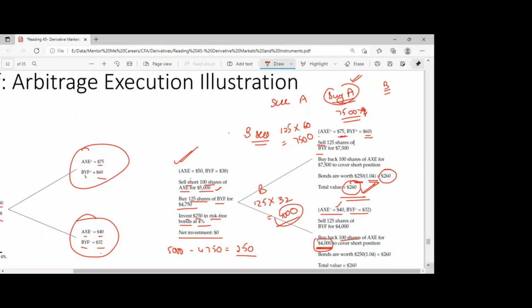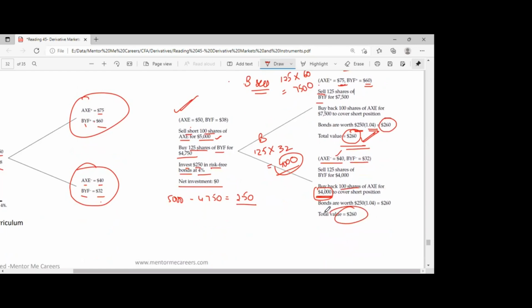What are we left with? Again, we are left with $260. That is $250 that we made in stage 1, and then in stage 2 we made some risk-free interest on it. So net basis पे चाहे prices ऊपर गया या नीचे गया, we were able to make profit.